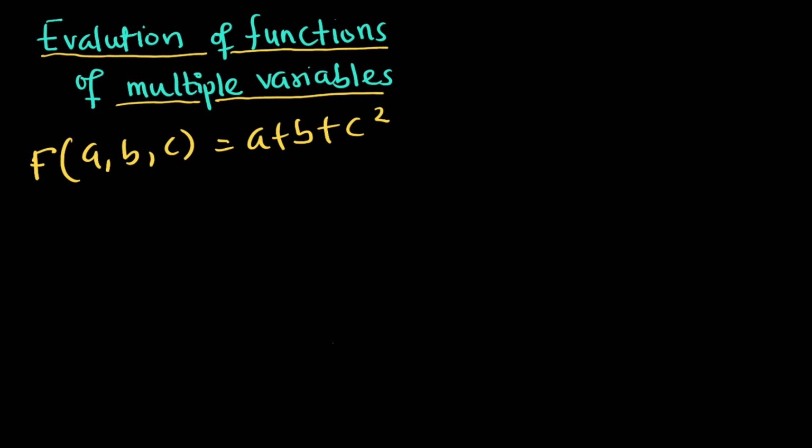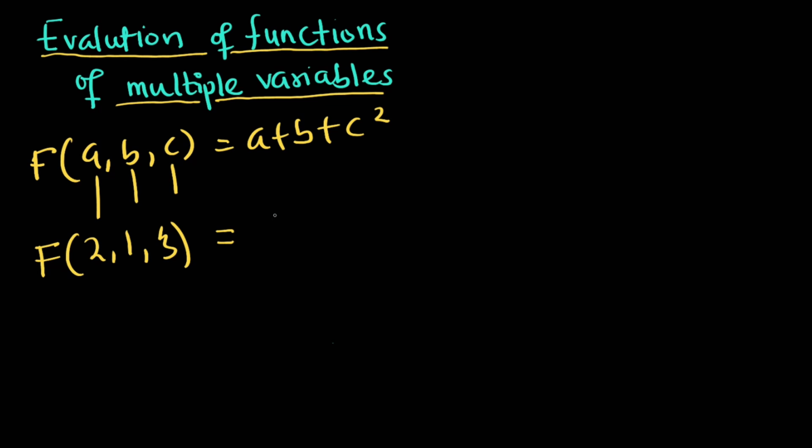And that input value would be a point because it would be a set of all the values of a, b, and c. So let's say I'll be asked to evaluate f at (2, 1, 3). In this case, 2 would be the value of a, 1 would be the value of b, and 3 would be the value of c.